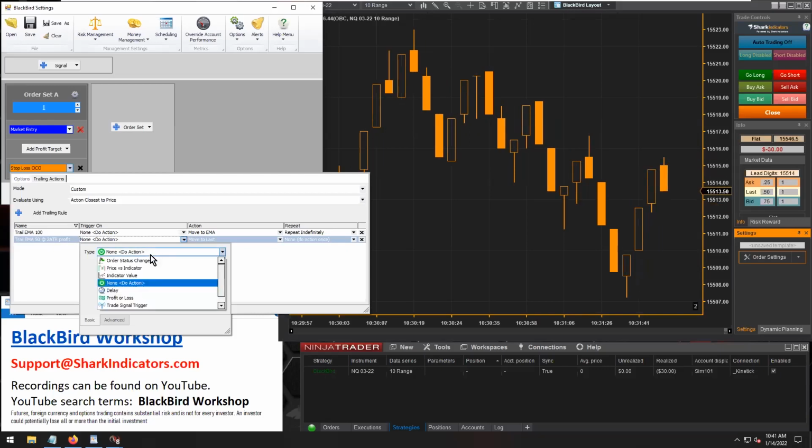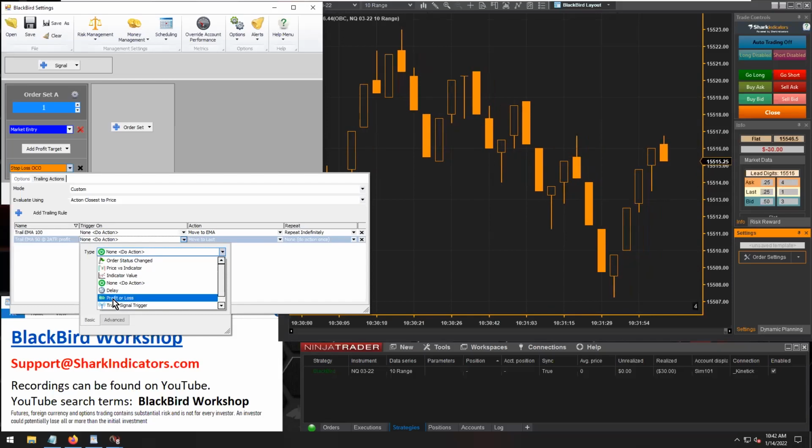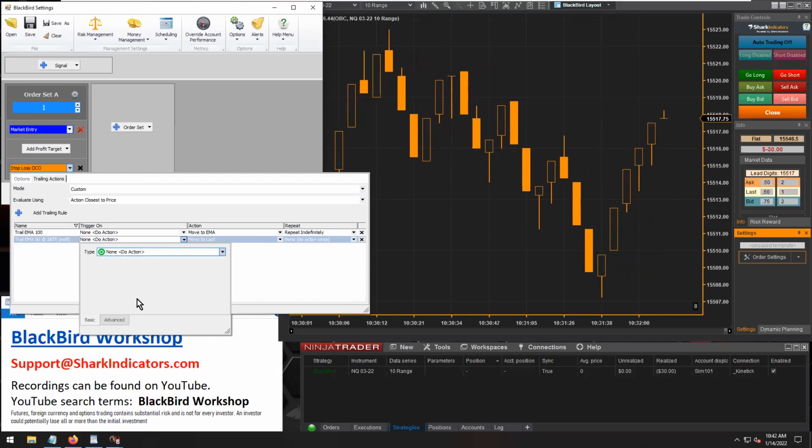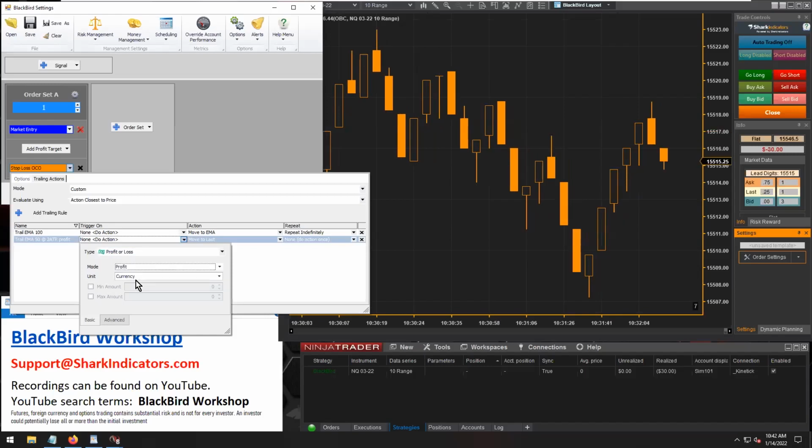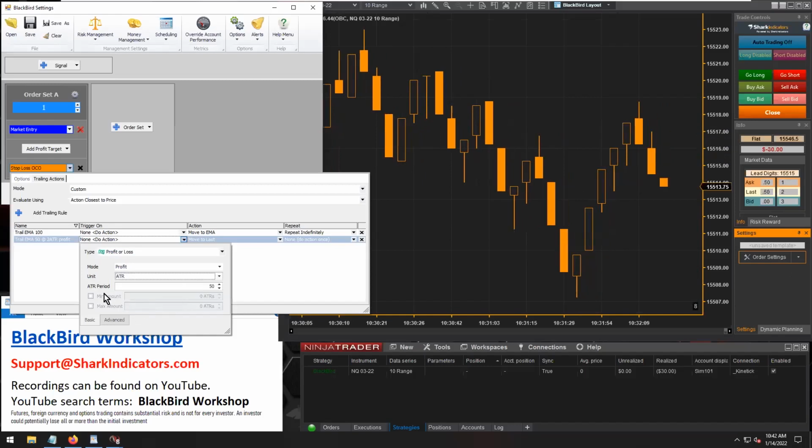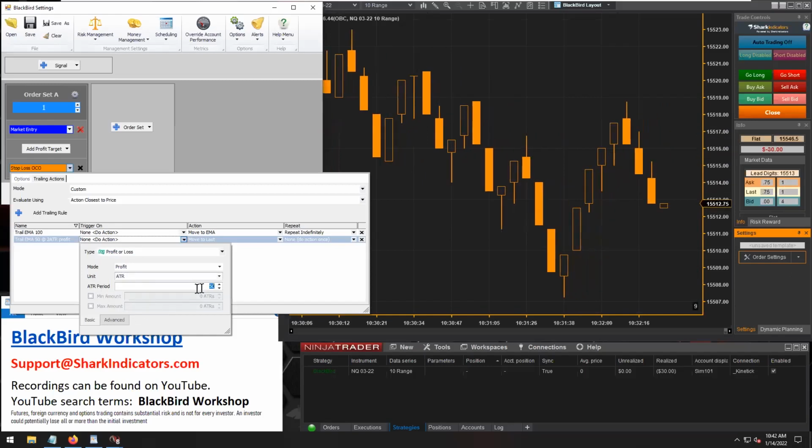So we're going to pick the profit or loss option here. The mode is we're looking for a profit, and the units is not currency but ATRs. And of course you can set your ATR period there, whatever you want.